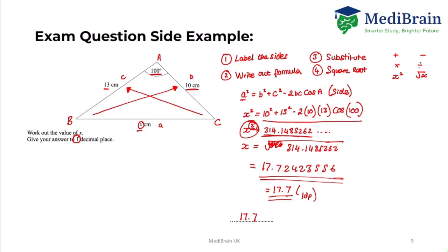To get rid of the squared, we need to square root the other side of the equation. Once we square root that answer, we get 17.724235556. Then it says round your answer to 1 decimal place, so our final answer is 17.7.